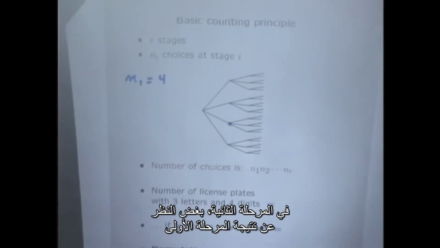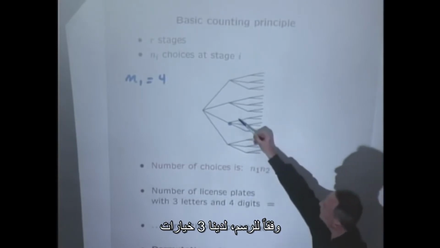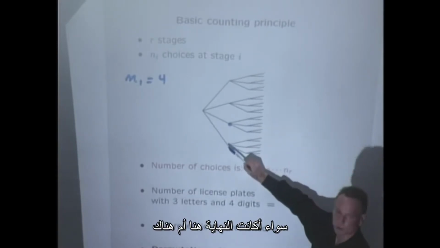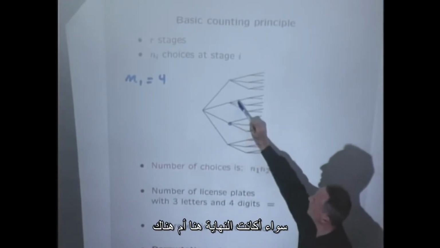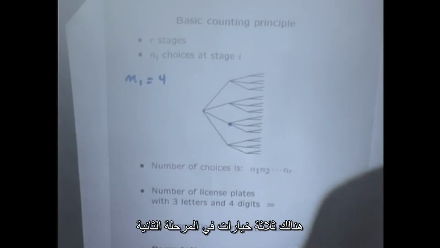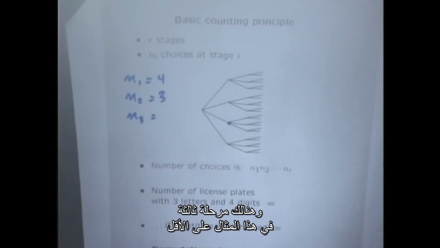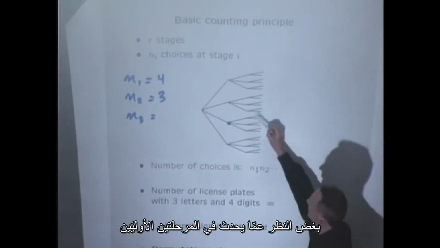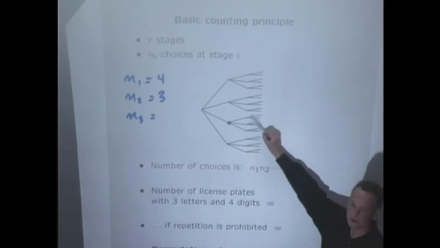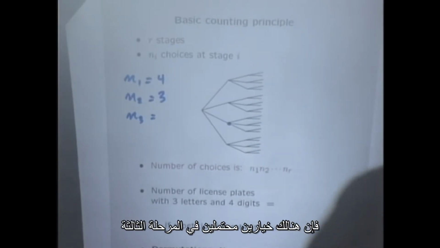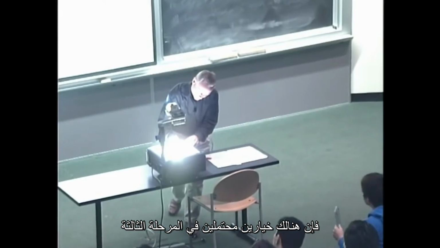In the second stage, no matter what happened in the first stage, the way this is drawn, we have 3 choices. And then there's a third stage, and at least in this picture, no matter what happened in the first 2 stages, we're going to have 2 possible choices.